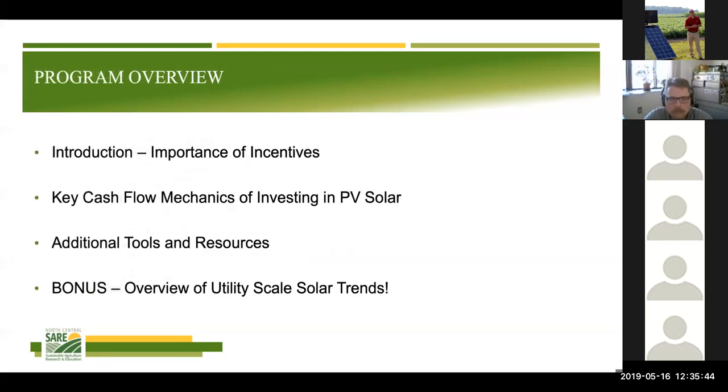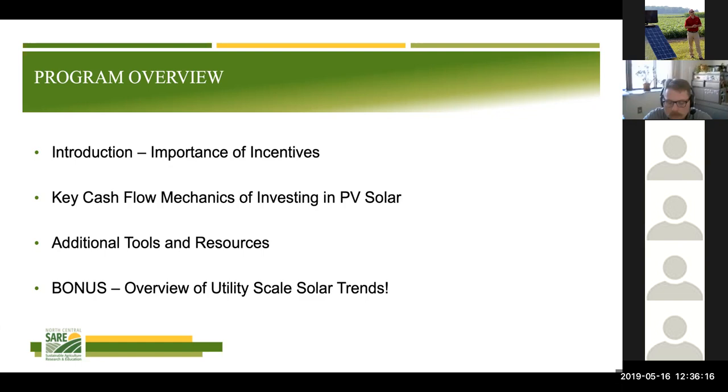So for today, we're going to go ahead and get started. I just want to give a brief overview on what we're going to touch on today. Again, our topic is understanding incentives, and what I like to refer to as the cash flow mechanics of investing in PV solar. We'll have a brief overview of incentives and why they're important. We'll look at the process flow of investing in PV solar and how we recover that investment.